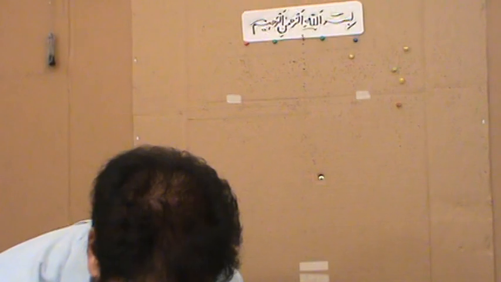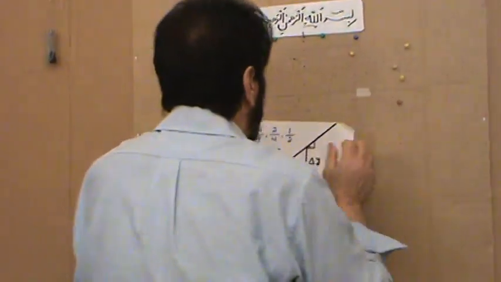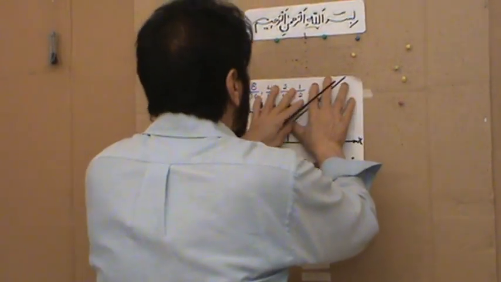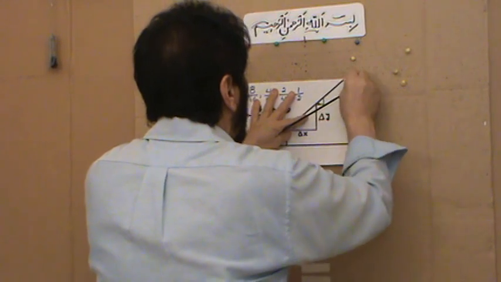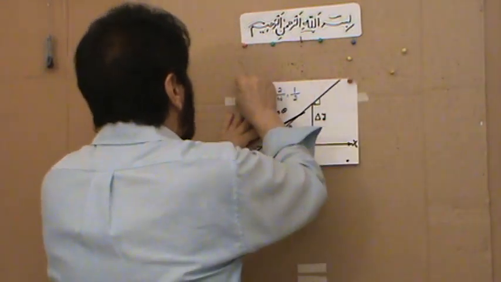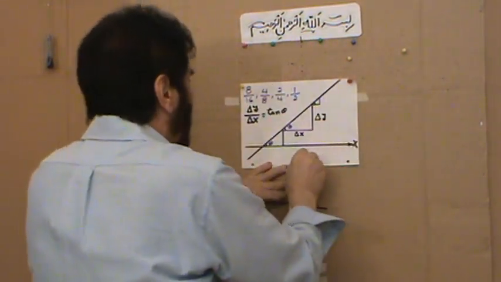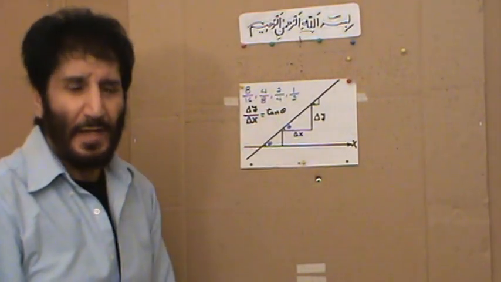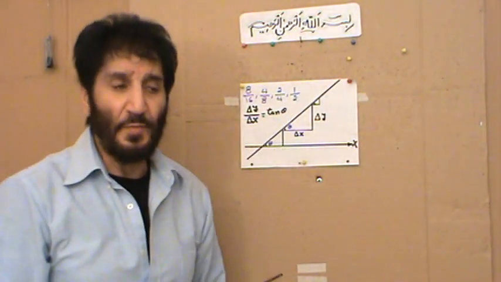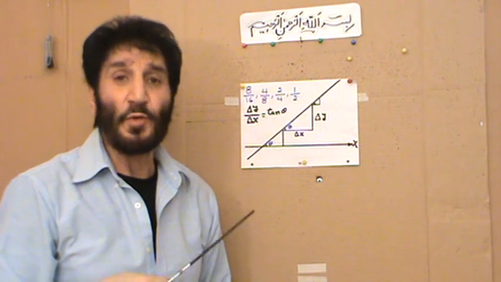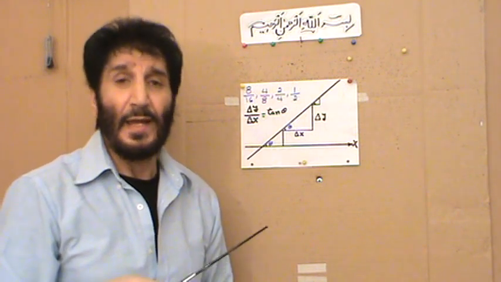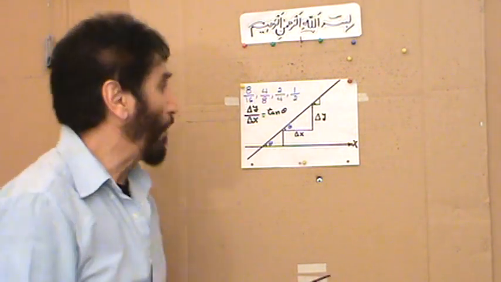From the previous lecture, which I encourage you to watch, we came up with similarity of triangles. It was the observation of similarity of triangles that motivated us to go to the analytical definition of a slope.